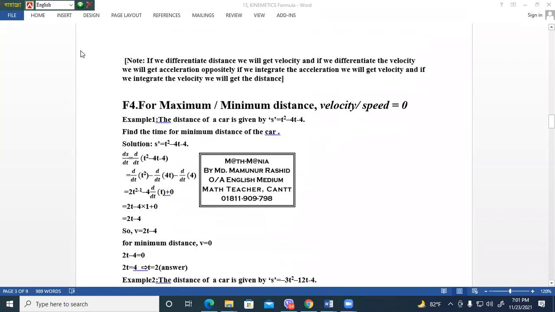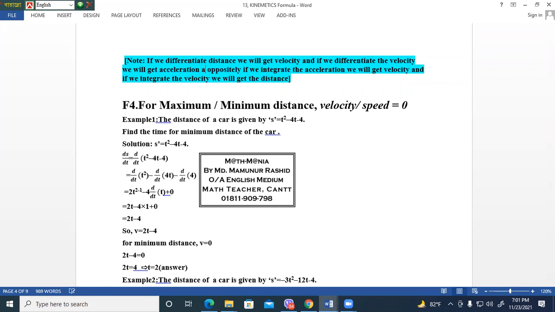Now, see the note, a very important note here. Please go through the note. If we differentiate the distance, we get the velocity, and if we differentiate the velocity, we'll get the acceleration. And oppositely, if we integrate the acceleration, we'll get velocity, and if we integrate the velocity, we'll get the distance.